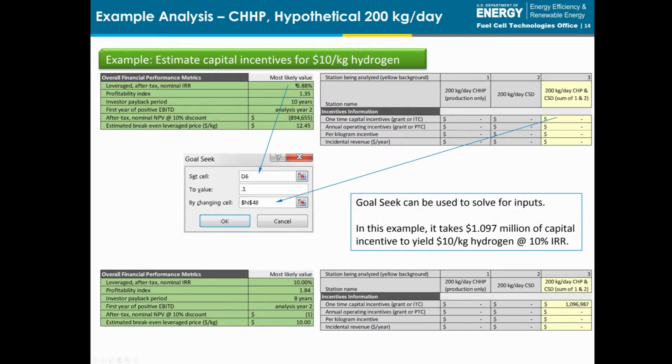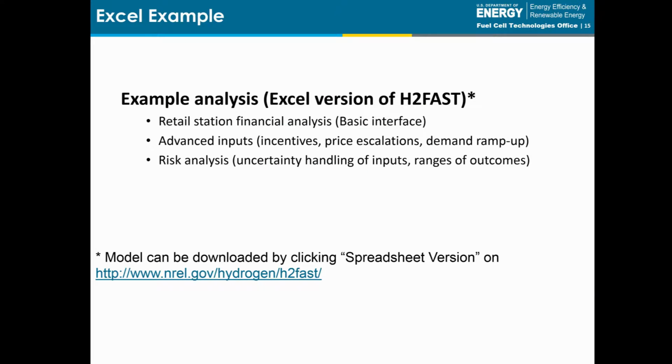For example, if you want to calculate an incentive which would give the investor an acceptable internal rate of return, you can use the goal seek function, and Excel will solve for you and tell you what the incentive is, or some other parameter. I'll show that in the live version of the model.